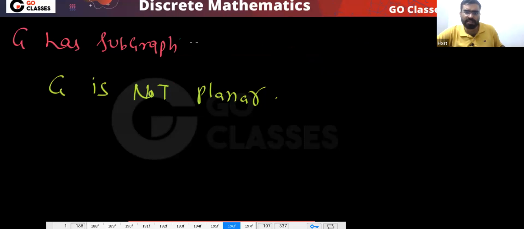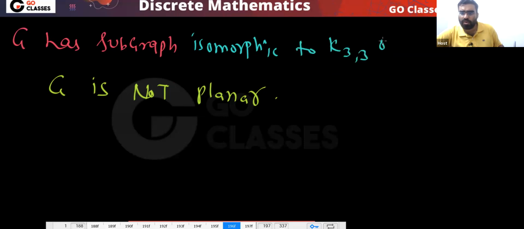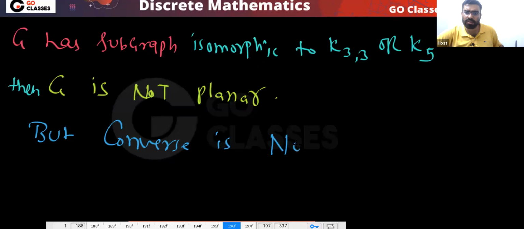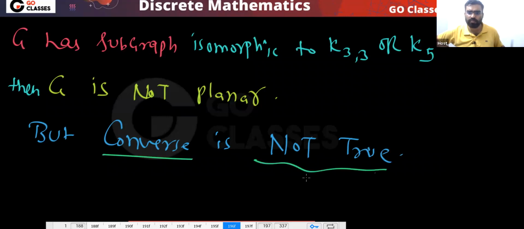So if G has a subgraph isomorphic to K33 or K5, then I can say G is not planar. But the converse is not true. What does it mean?